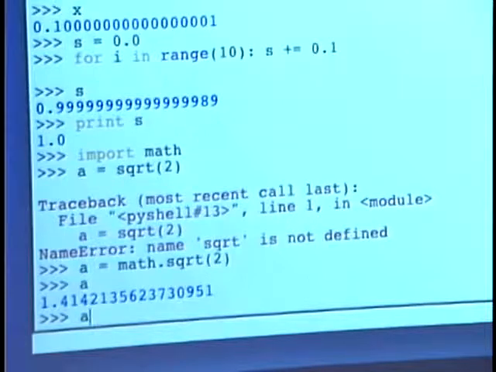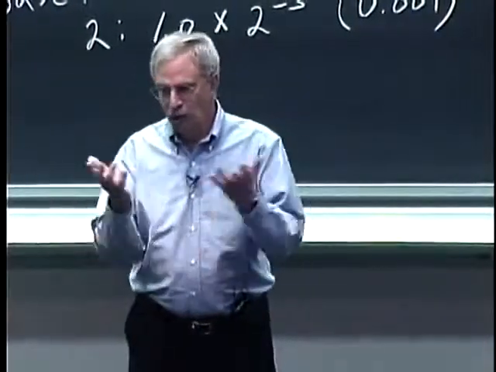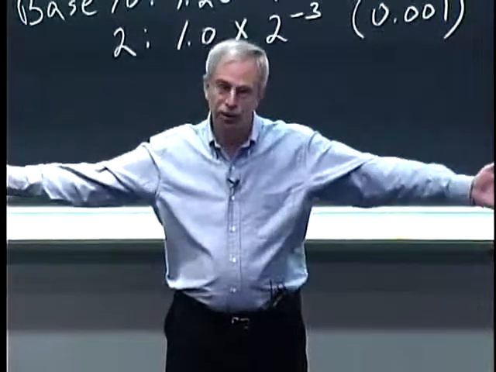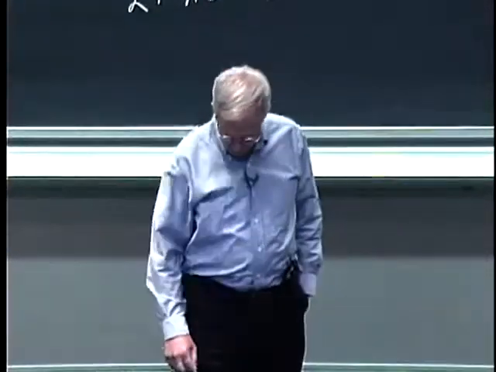Now here's the interesting question. Suppose I ask about the Boolean a times a equals 2. Now in my heart, I think if I've taken the square root of a number and then I've multiplied it by itself, I should get the original number back. After all, that's the meaning of square root.